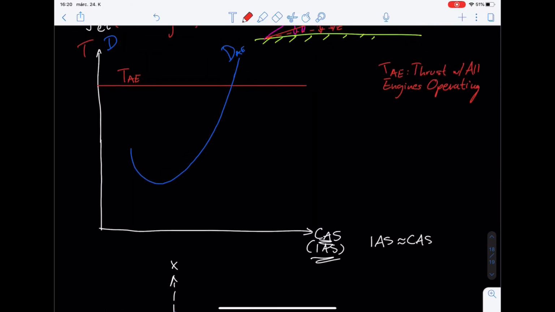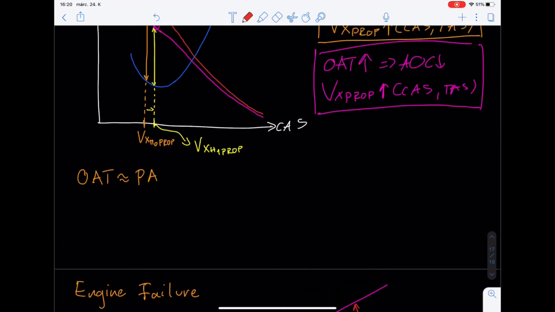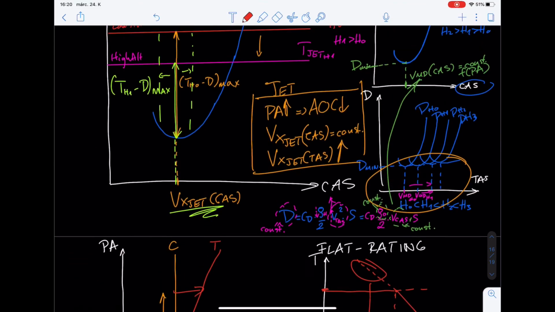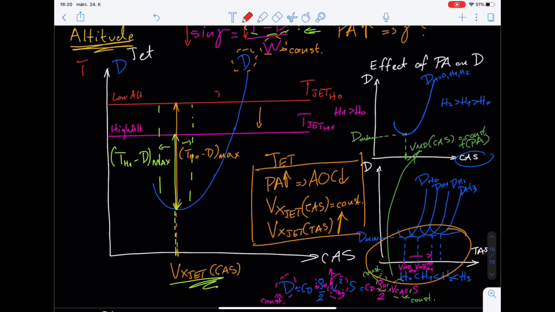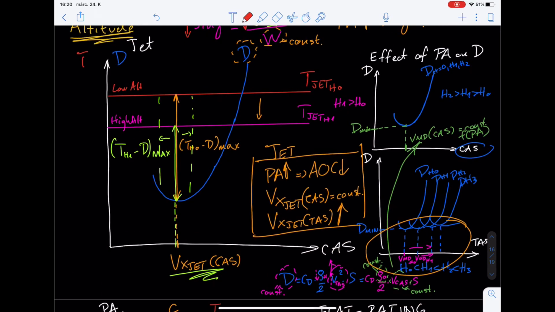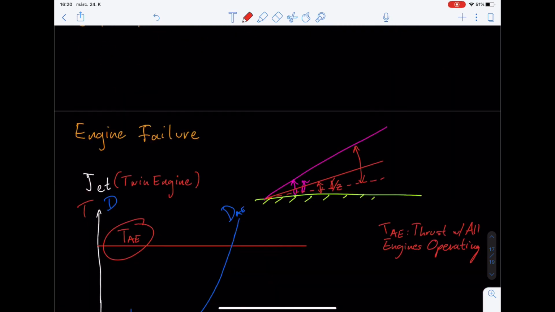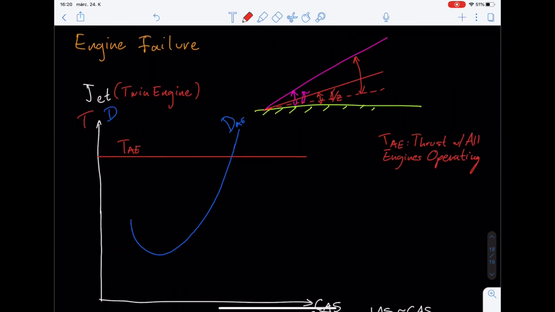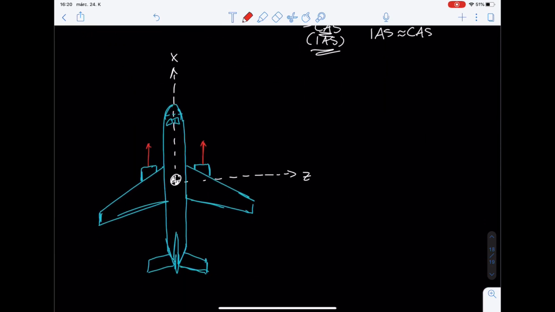So this TAE, or the thrust, which we saw in all cases in this diagram, is basically the sum of the thrust forces acting on the aircraft.